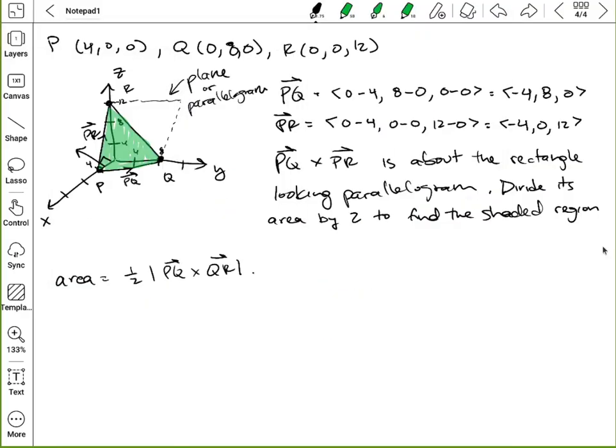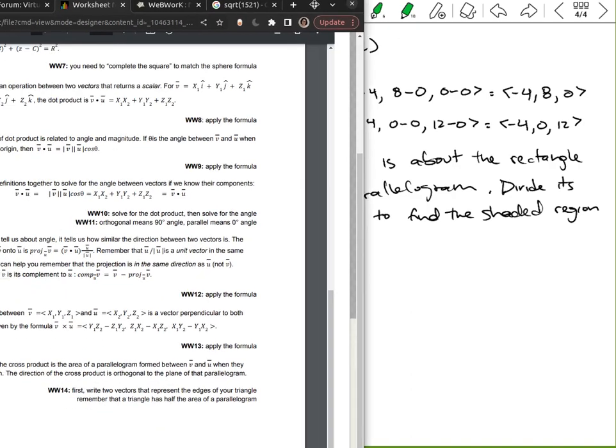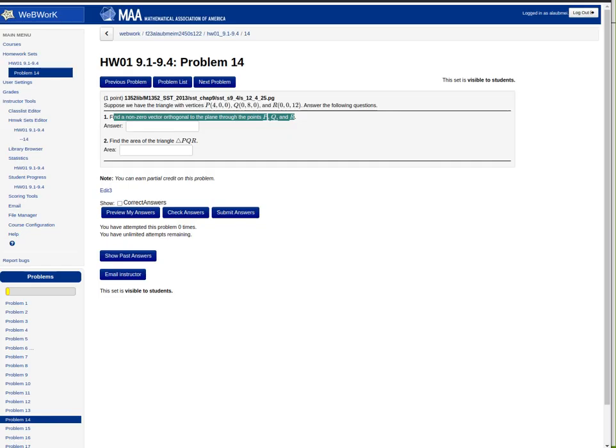So all you're going to do is compute your PQ cross QR, or PQ cross PR, and that direction matches the direction of the vector they're asking for. You can give just the cross product, or you can divide it by any number. It's fine. It doesn't ask for a unit vector, I don't think. So you can just leave it in whatever form you get it. Yep, just a non-zero vector.